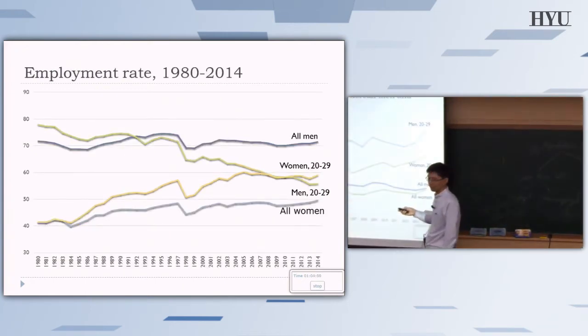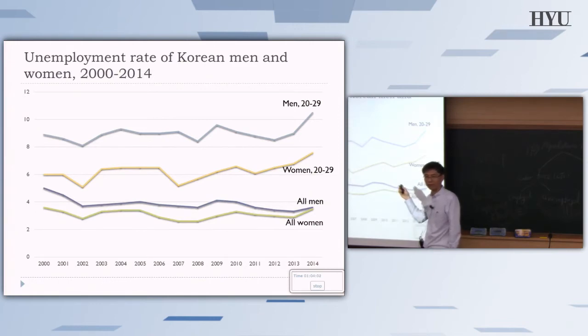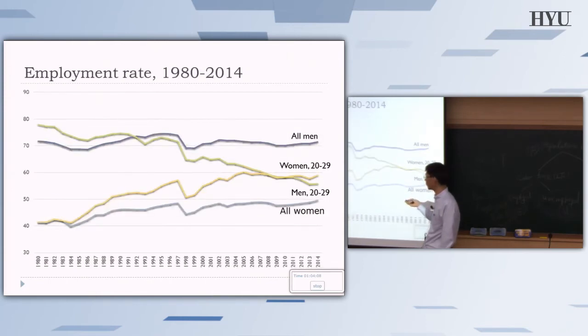So when you look at the unemployment rate, it seems like it didn't change much for the past 10 years. Okay? But if you look at employment rate, especially for men, it's actually decreasing. For women, it did not increase.